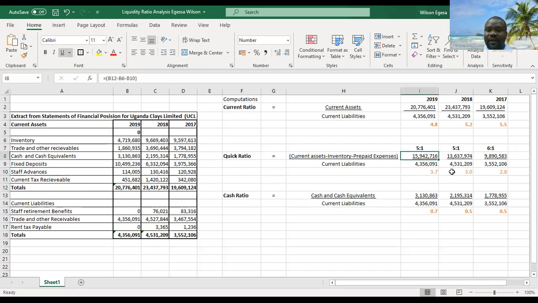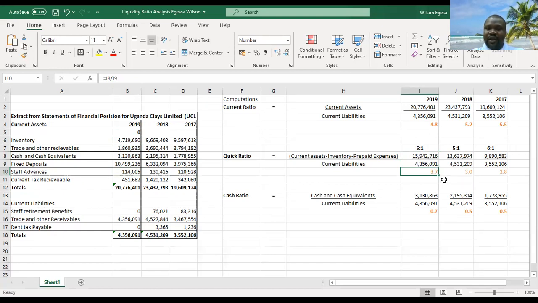So we get 15.9 billions divided by the current liabilities of 4.3, you get 3.7.